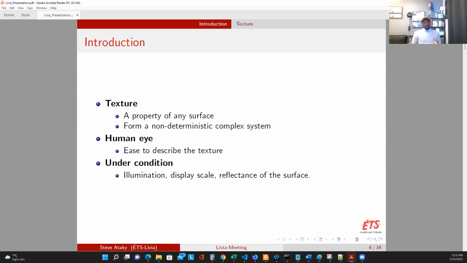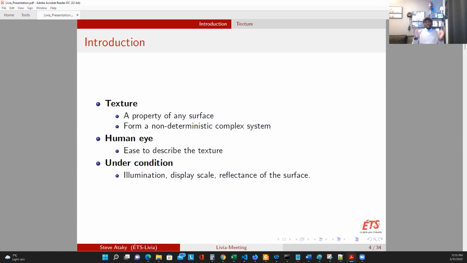A texture also forms a non-deterministic complex system. Texture is also referred to as a repetition of simple or complex patterns on a surface. These patterns can be identical duplicates that appear repeatedly, or they can have some minor or non-deterministic change.